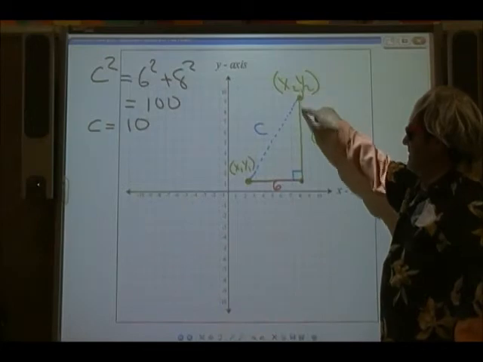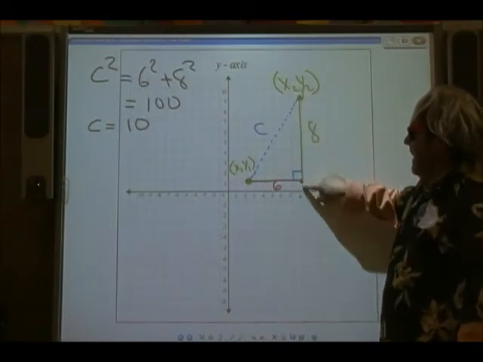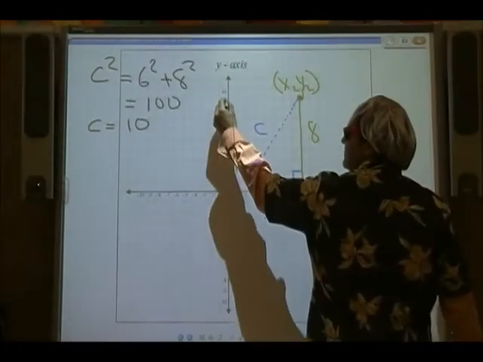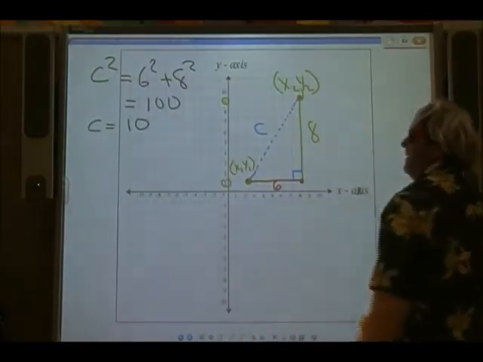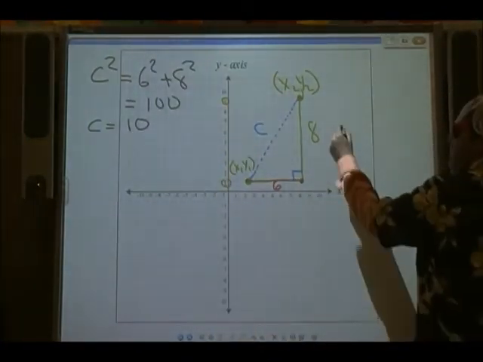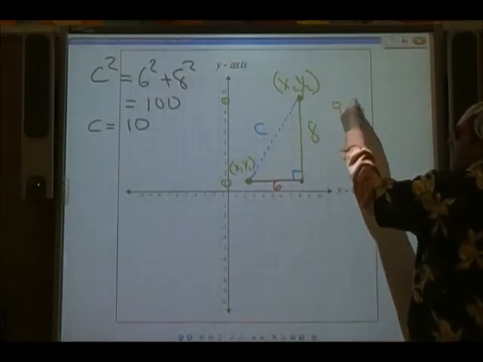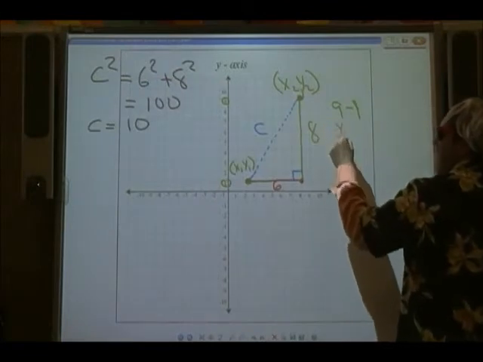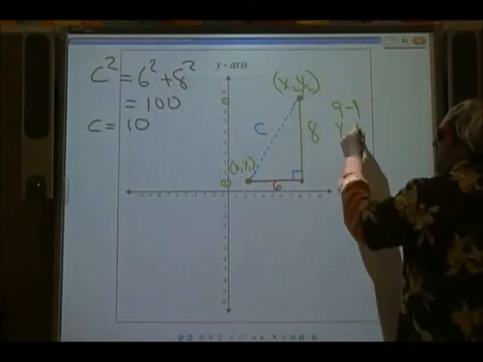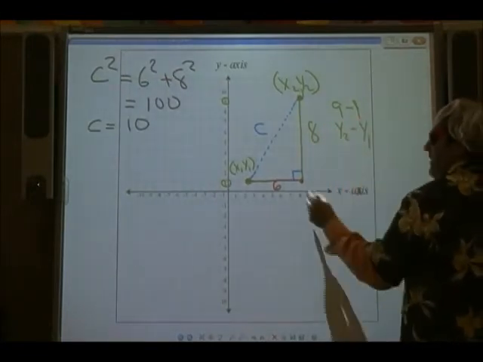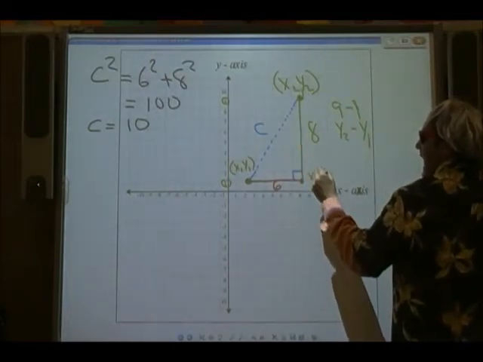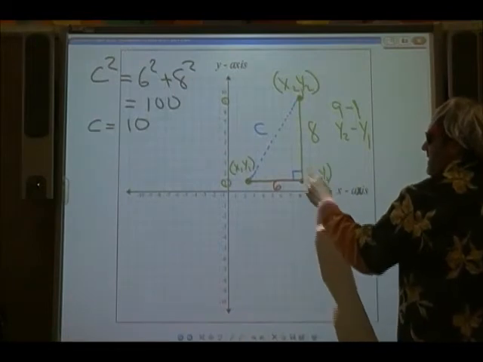For this distance, I'm subtracting the y's. To get the 8, I'm subtracting 9 and 1. So I'm really doing 9 minus 1, which is the same thing as y2 minus y1, because this point here is made from x2 and y1.